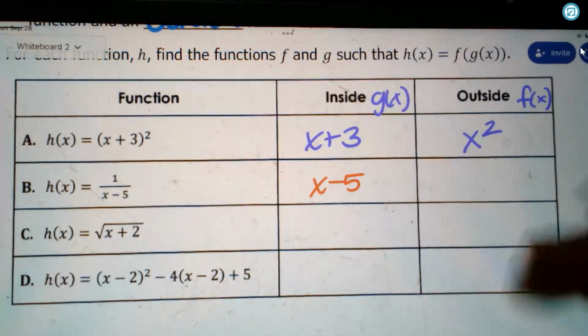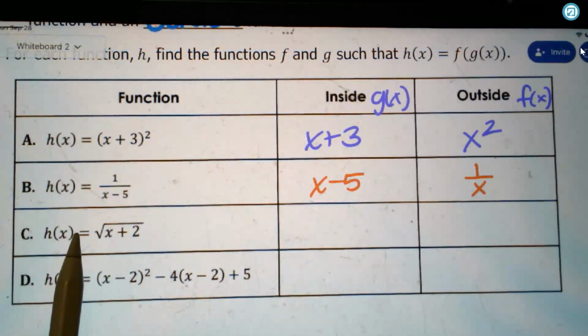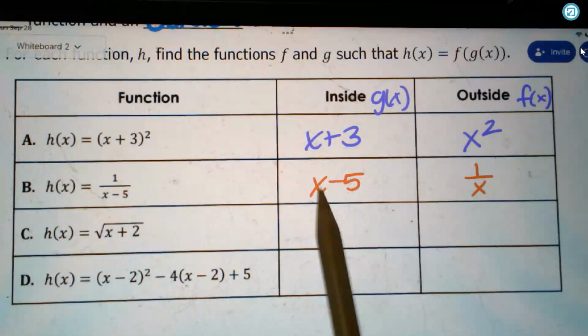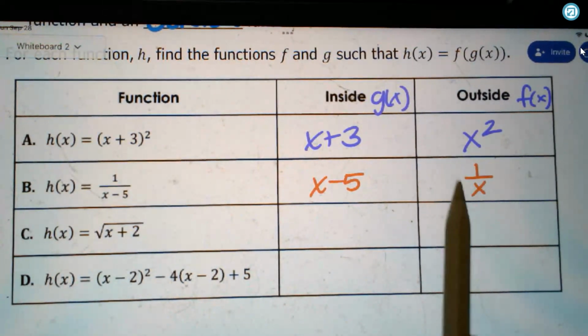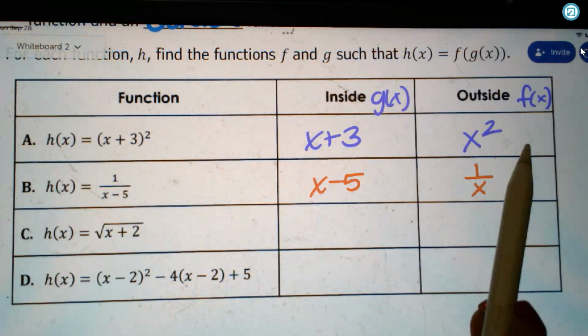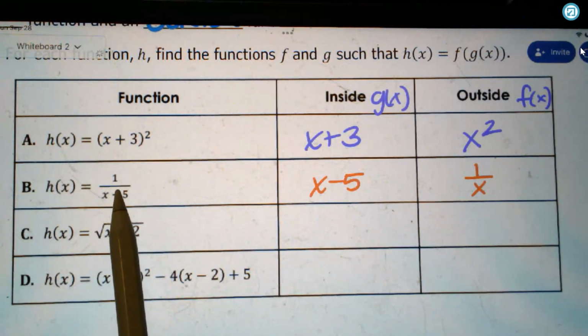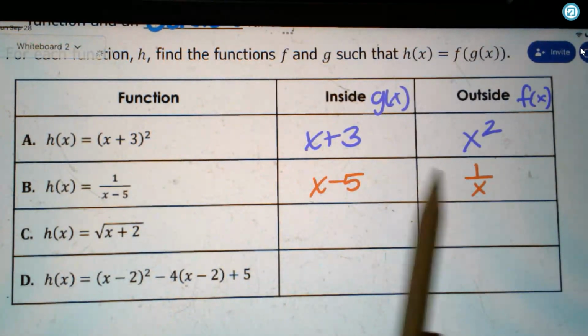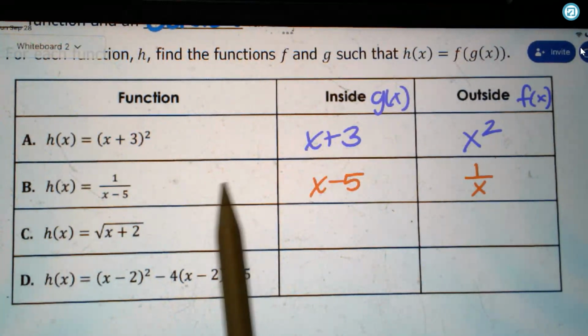So then the entire function would be 1 over x. If this is our g, and this is our original function, if I do f of g, do I get this equation? Yes, because this right here would be my denominator, and that's 1 over x minus 5, which is what h is.